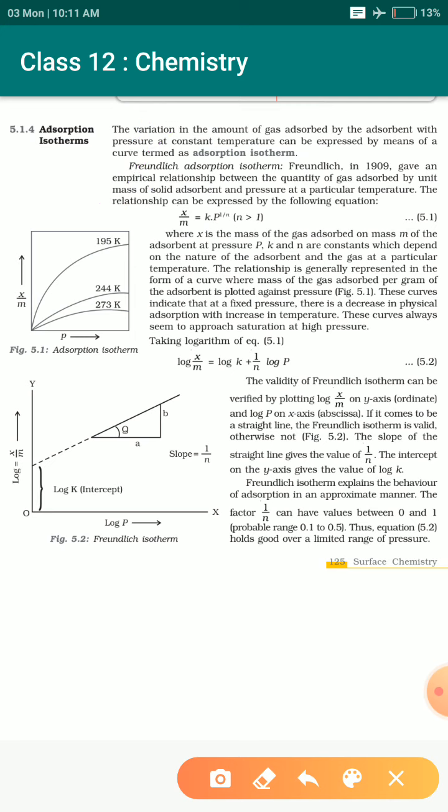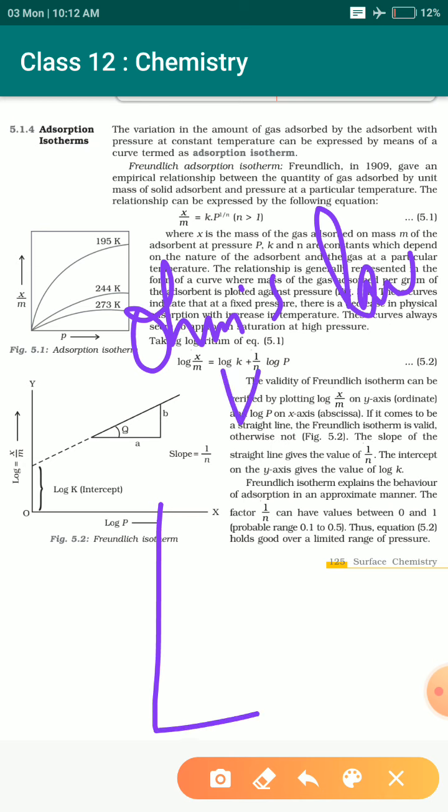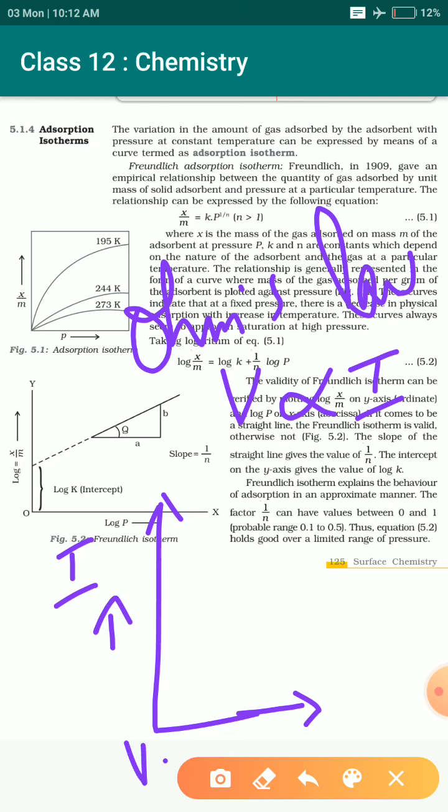You are very well aware about Ohm's law. I am just talking out of the box concept, just to make you understand. You know that Ohm's law means V is directly proportional to I, means potential difference will be directly proportional to the current, something like that. Means the graph of I versus V will be a straight line graph. If the line is somewhat being changed, it means Ohm's law is not true.